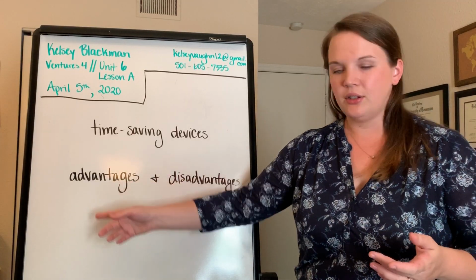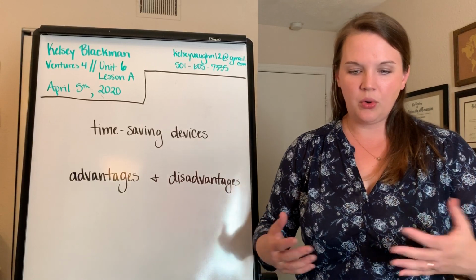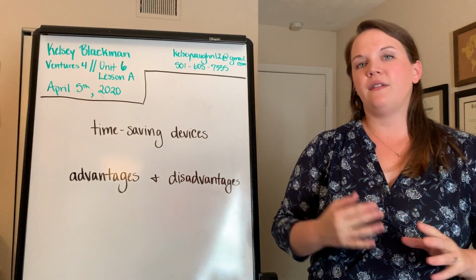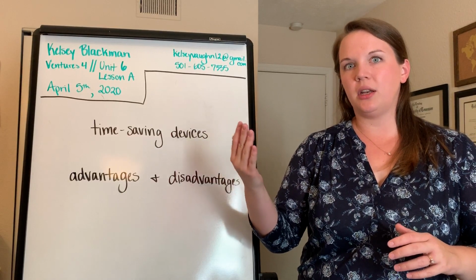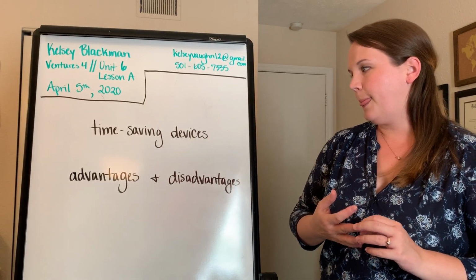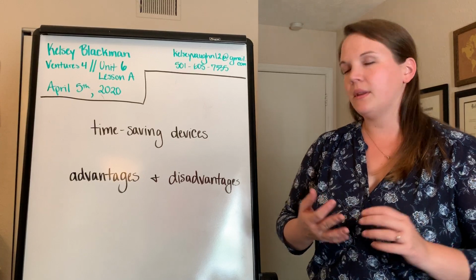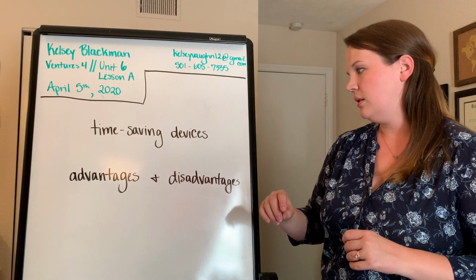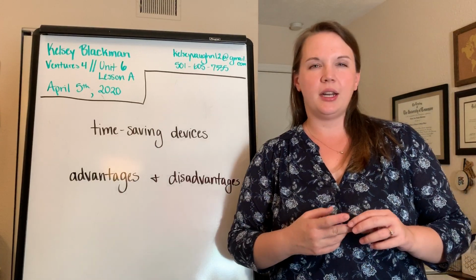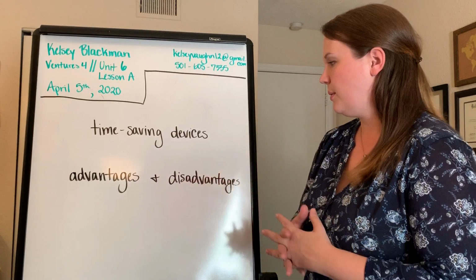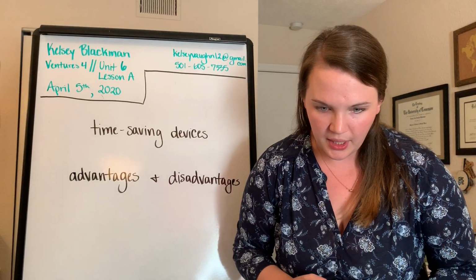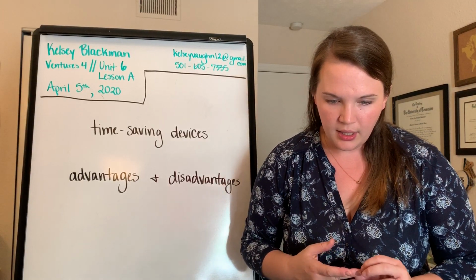So an advantage, for example, is a condition or a circumstance that puts someone in a favorable position. So advantages, I'm trying to think of an example. I should have thought of one beforehand. We will explain though as we go on.